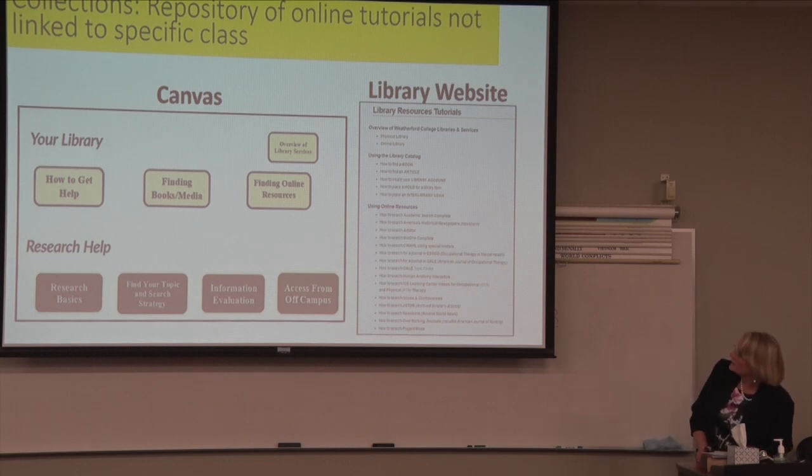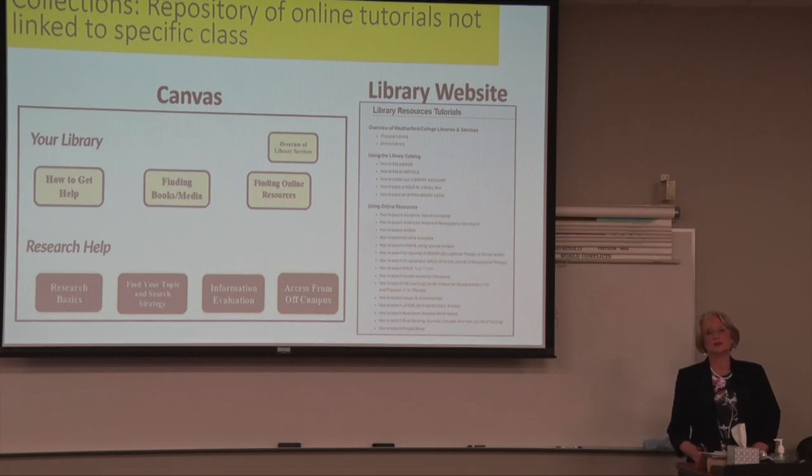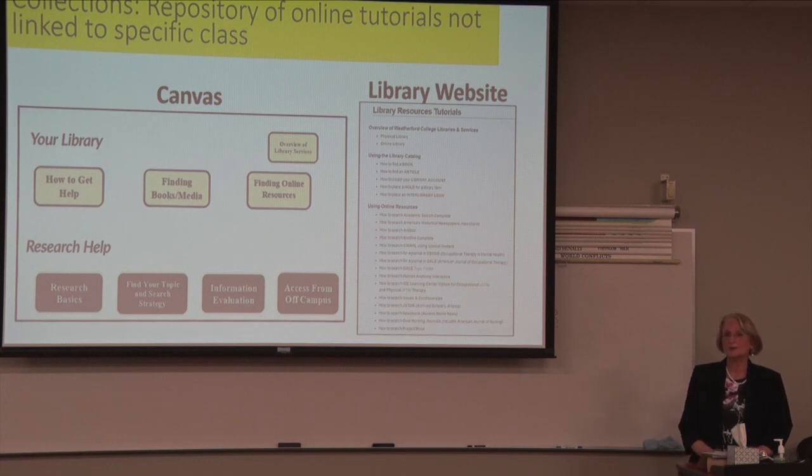We're looking at how to find books and media, finding online resources, research basics, how to find your topic, how to set up a search strategy, how to evaluate information, and how to access the information when you're off campus. So these are things that we are working on right now. I'm assuming by this summer, this will be up and going and ready for students to use and for faculty to access.